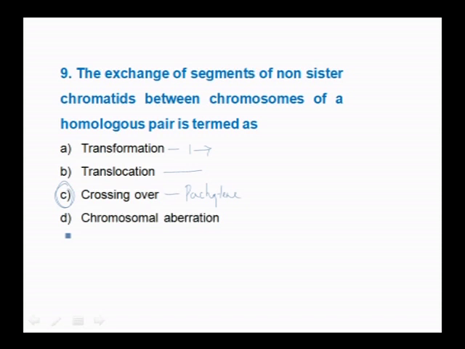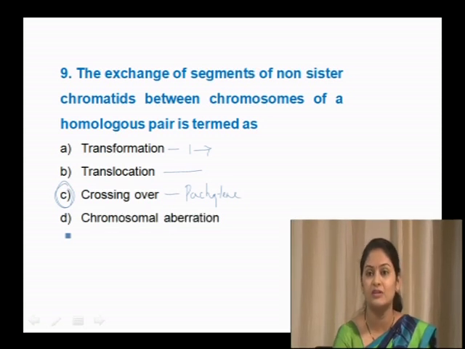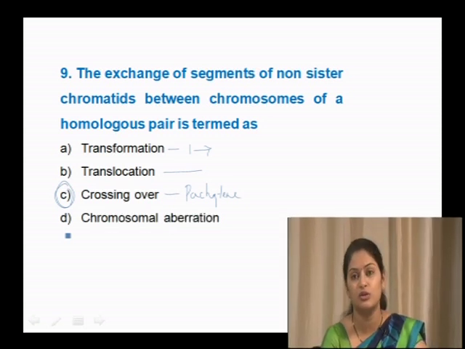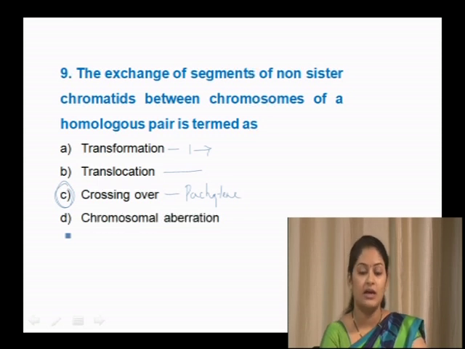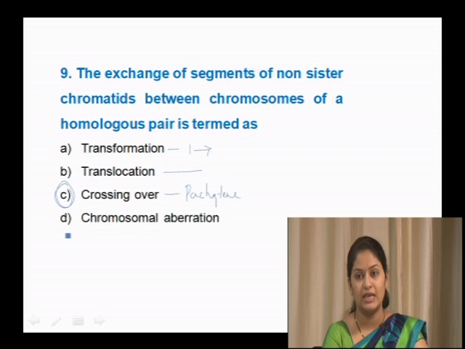Option D is chromosomal aberration. This is also a kind of mutation or problems or chromosomal disorders which will either delete the part of chromosome or any other processes will occur which leads to the problems in the working of the cell, thereby the working of the organism. So the answer for 9th question is crossing over, which means the exchange of chromatids.